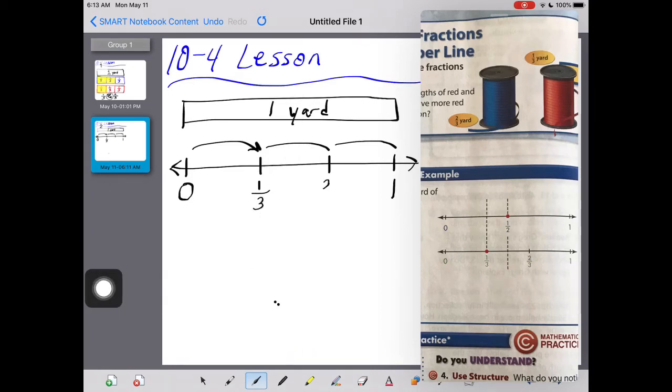We do 1 more part, another third. That'll be 2/3, right? Because each part represents a third. And then we do 1 more third, and that will represent 3/3. But we usually don't say 3/3, we just say 1 whole, 1 whole yard.